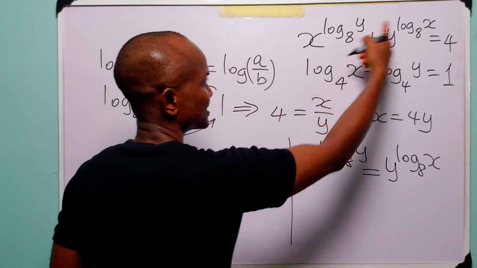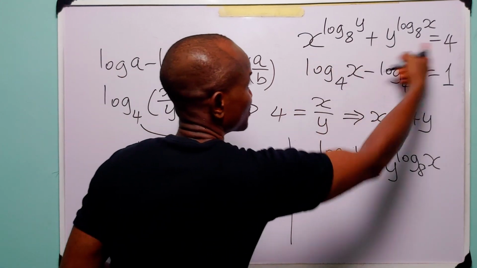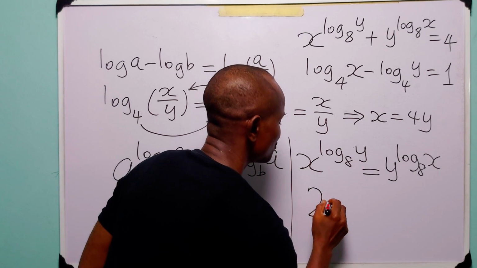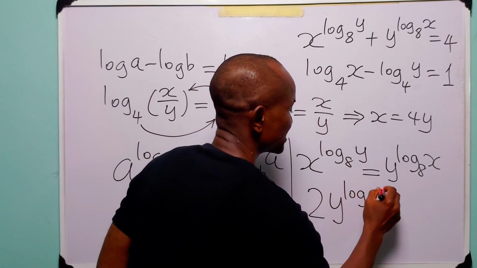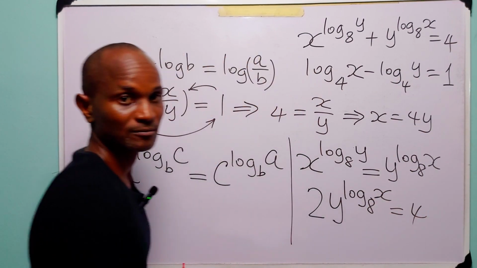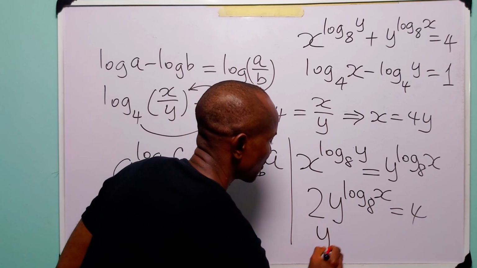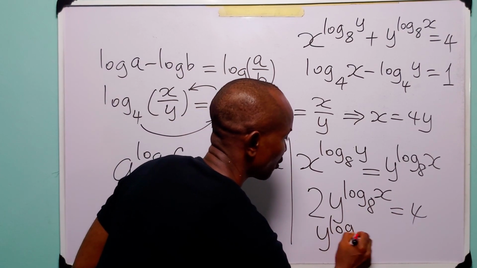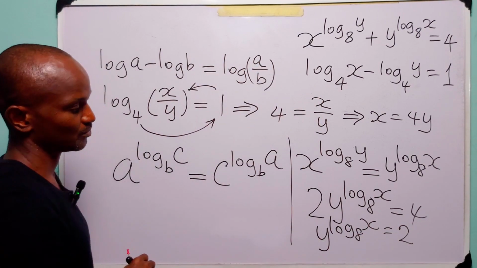And of course, when this is equal to this, we can write that this first equation is the same as 2 times y to the power log to base 8 of x is equal to 4. From here, dividing both sides by 2, we have that y to the power log to base 8 of x is equal to 2.